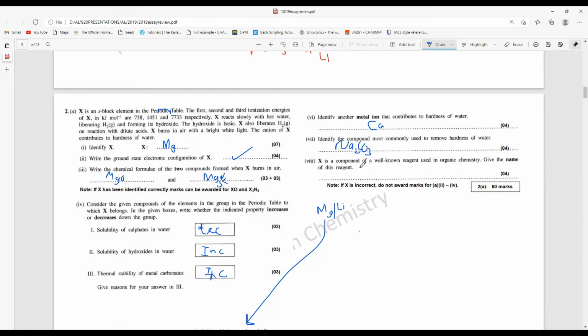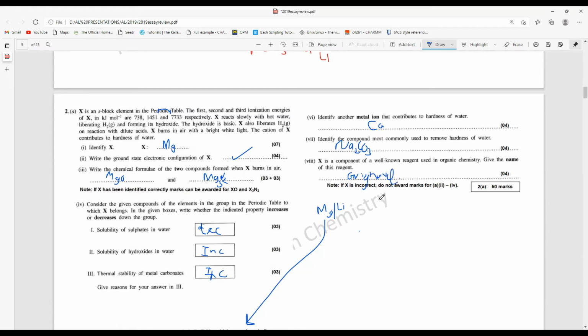X is a component of a well-known reagent used in organic chemistry. So now you know X is magnesium. Magnesium is mostly used to make Grignard reagents, right? So you can write down here Grignard reagent.